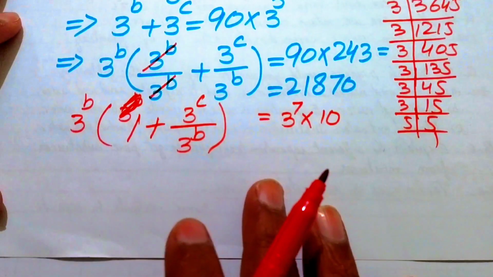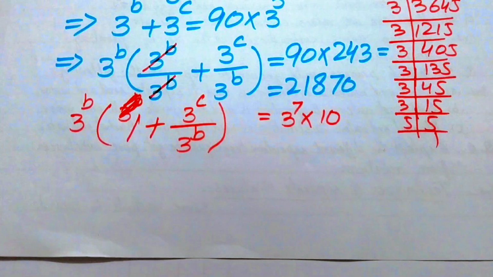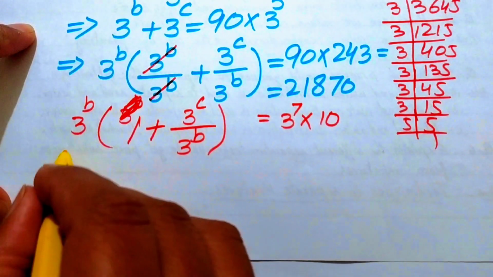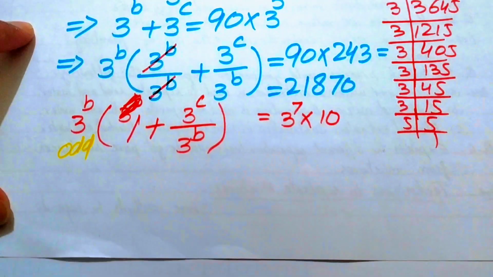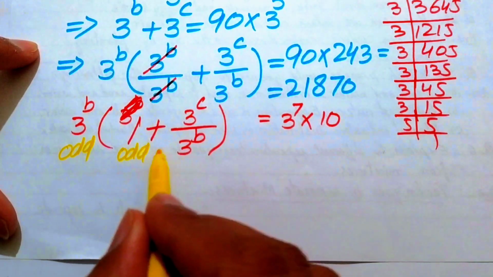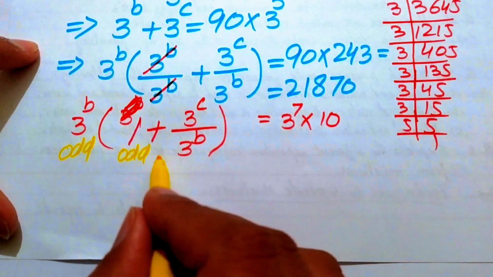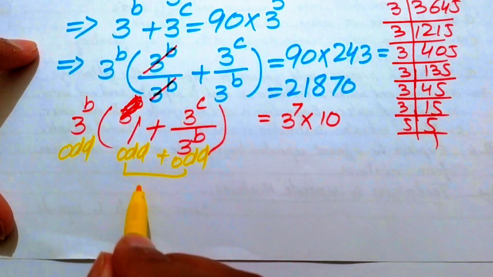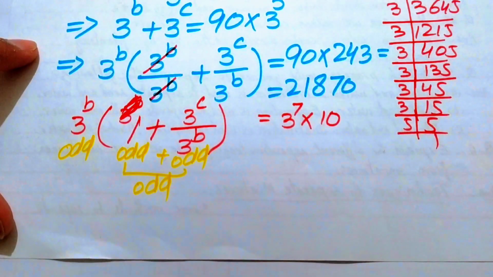And now here we again focus on both of the sides, and you see that 3 to the power of b becomes an odd number, and similarly this one is an odd number, and this division is also an odd number, and we know that when we add two odd numbers then we get an even number.